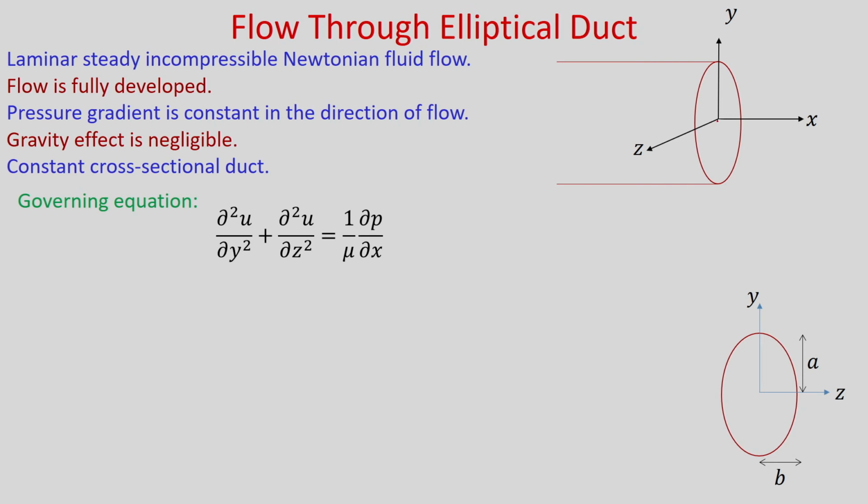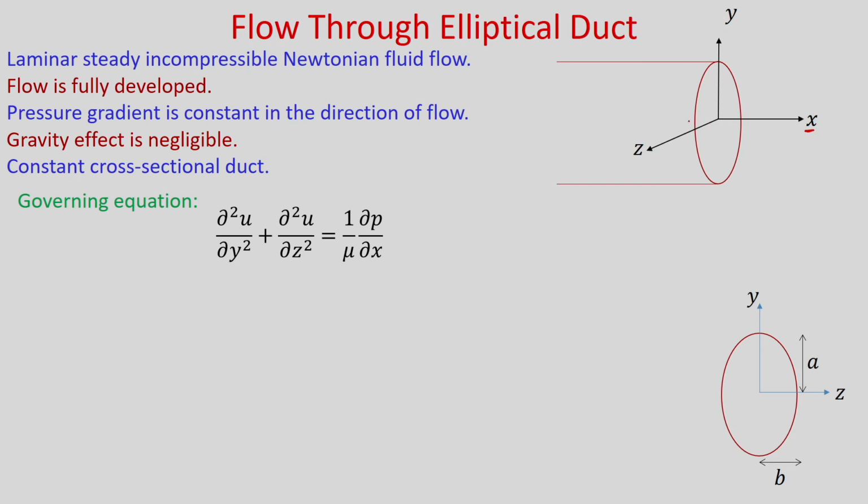So, we will start with that equation, and in this particular case we will find the velocity profile, or we will assume the velocity profile in such a way that it will satisfy the no slip condition at the wall. So, consider this elliptical duct where x is the axial direction, this is the y direction and this is the z direction.